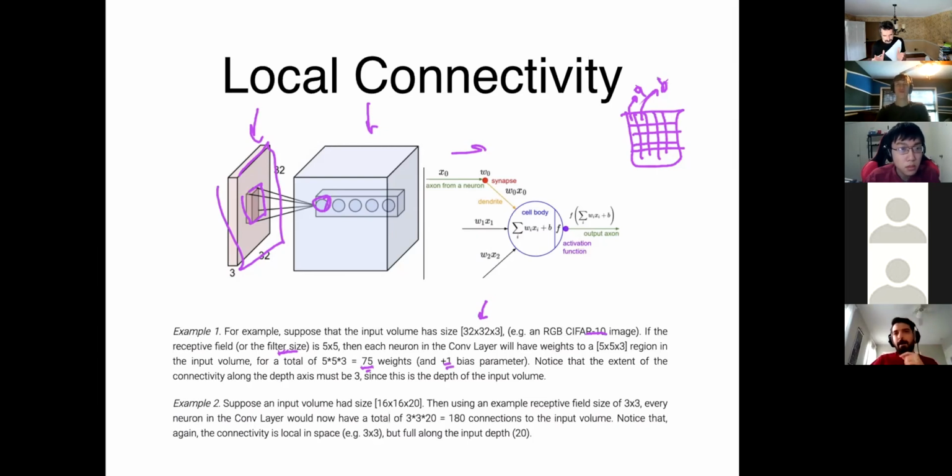And the important thing to remember here is to think about width, height, and depth. For width and height, we move the kernel throughout the input width and height, right?